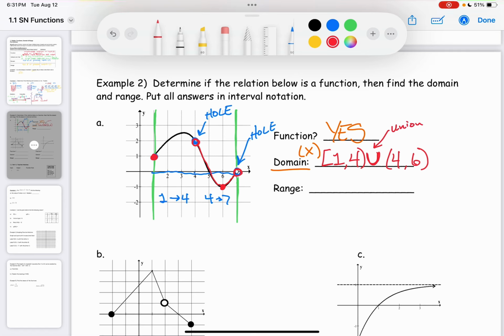Now for our range, we're going to use a similar concept. I'm going to draw a horizontal line at our lowest point and a horizontal line at our highest point. That's going to be our range. And so for this, the lowest point way down here is solid, and the highest point way up here is also solid.